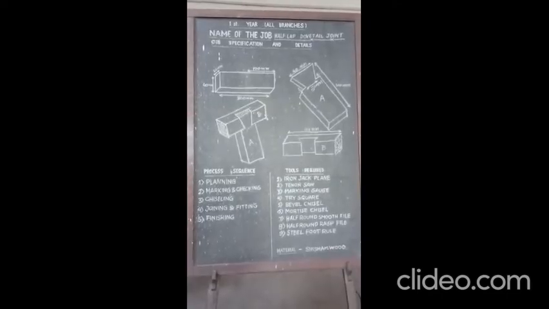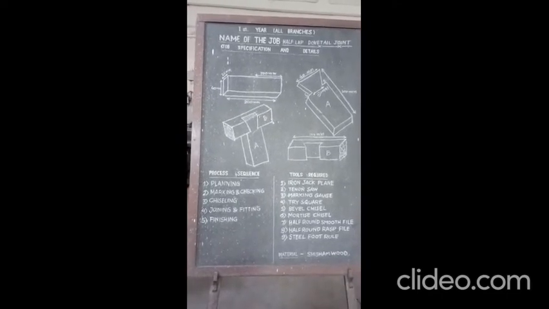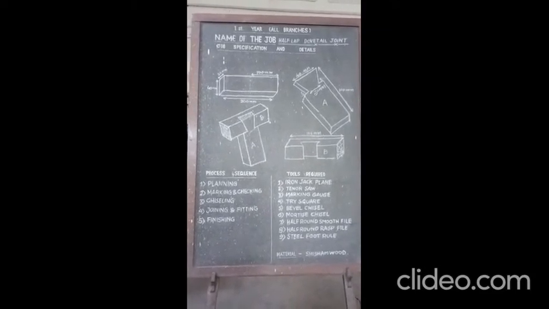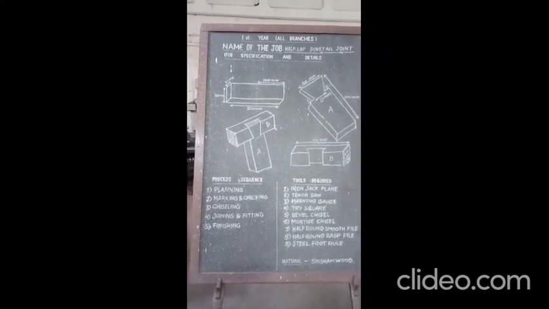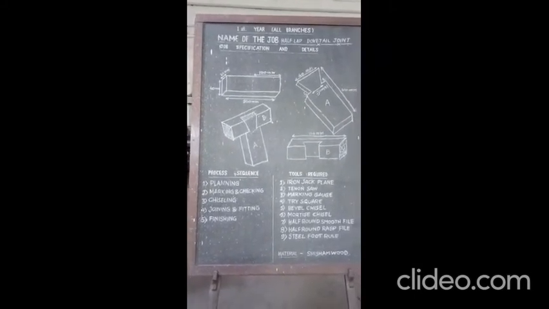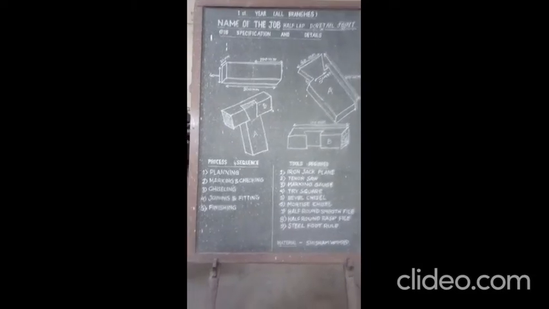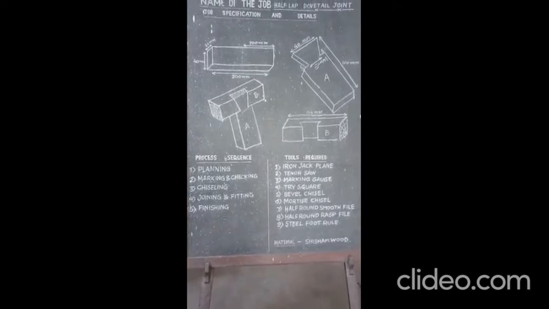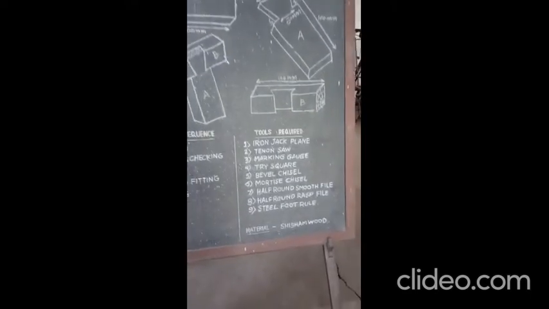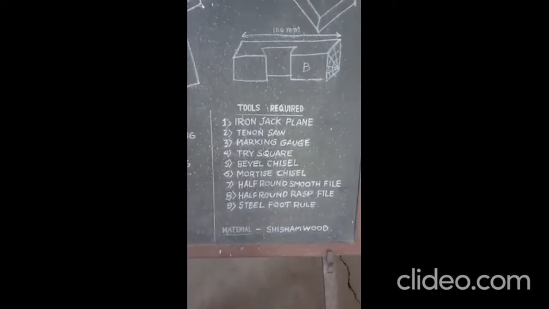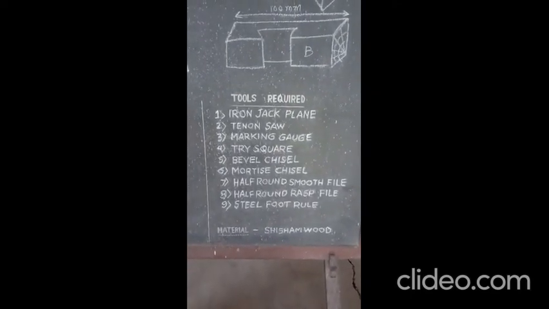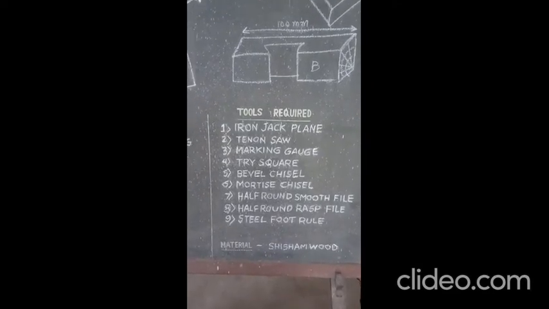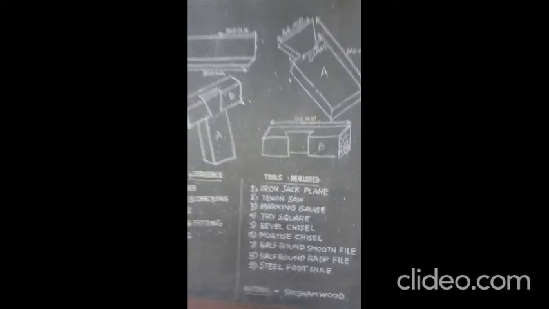This is the sketch diagram of the half lap dovetail joint. Here we can see the specimen dimension and design of the half lap dovetail joint, and these are the tools required, and we will see these tools in real and perform the job.